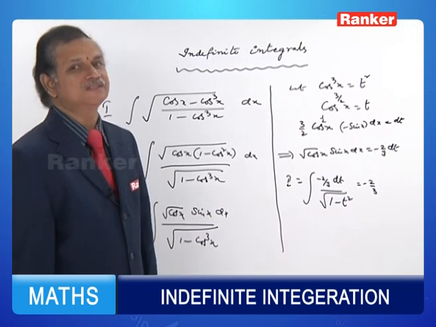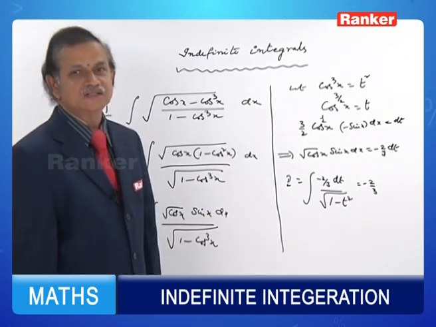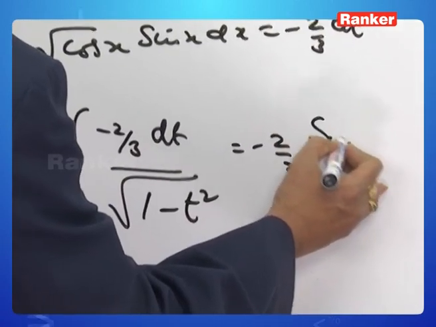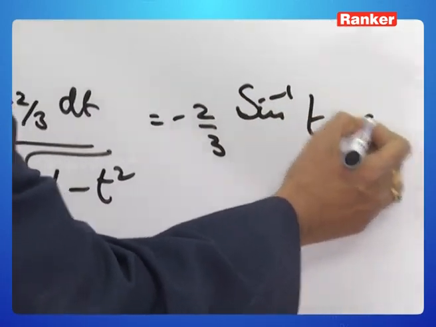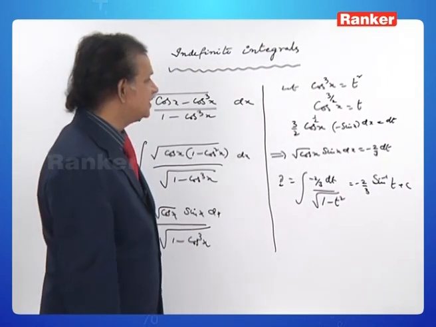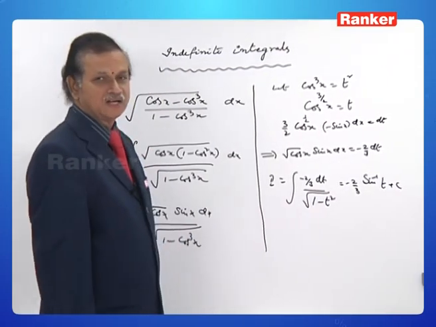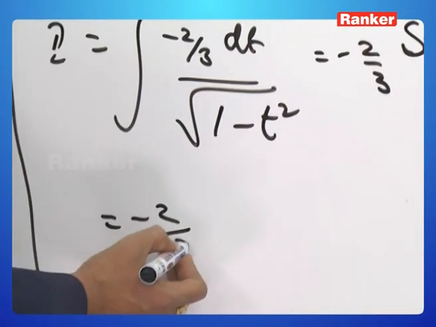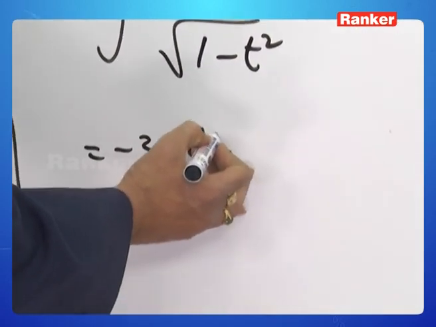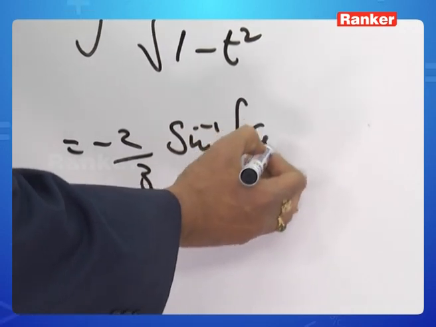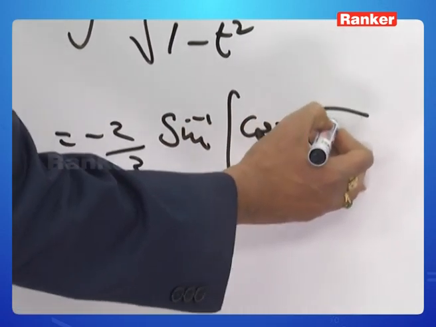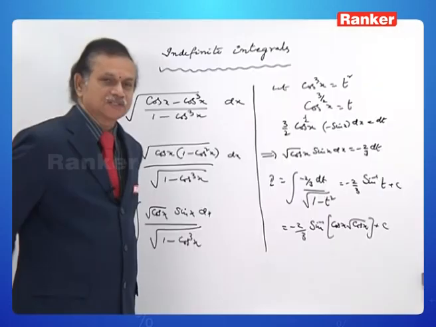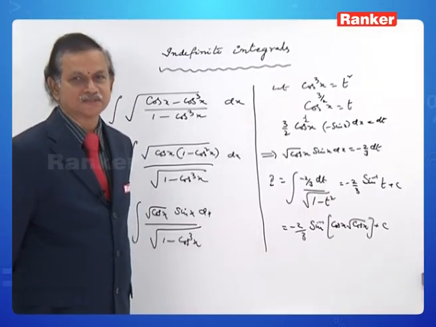It is sin inverse x, and here it is sin inverse t plus c. What is t here? Cos x power 3 by 2. That is equal to minus 2 by 3 into sin inverse of cos x into root cos x plus c.